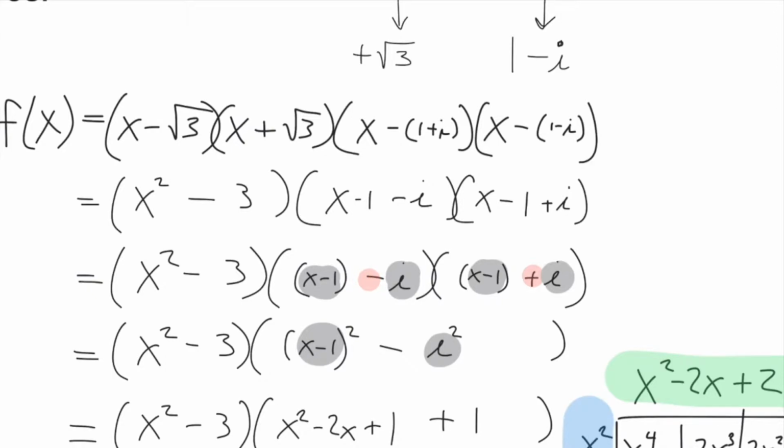This was a minus b times a plus b, and I'm going to arrange it to be the same way here: a minus b times a plus b. I did that by just grouping these together. So this is going to be a squared minus b squared. And if you do that, then the i squared turns into a negative 1, so minus i squared is plus 1.